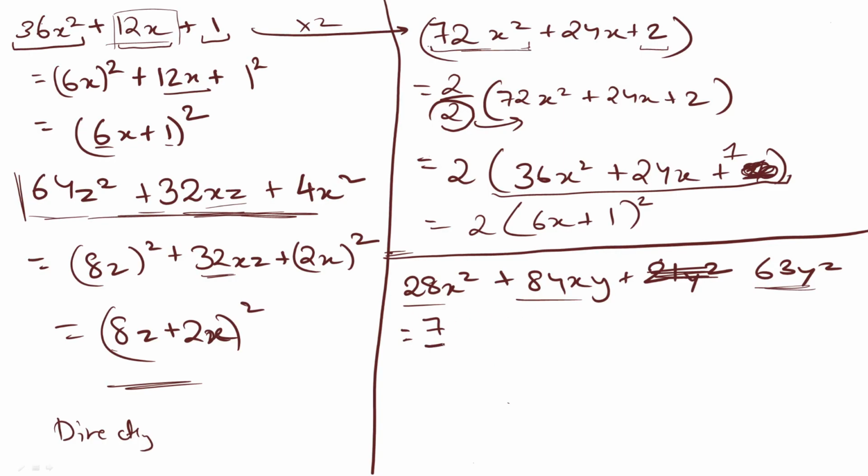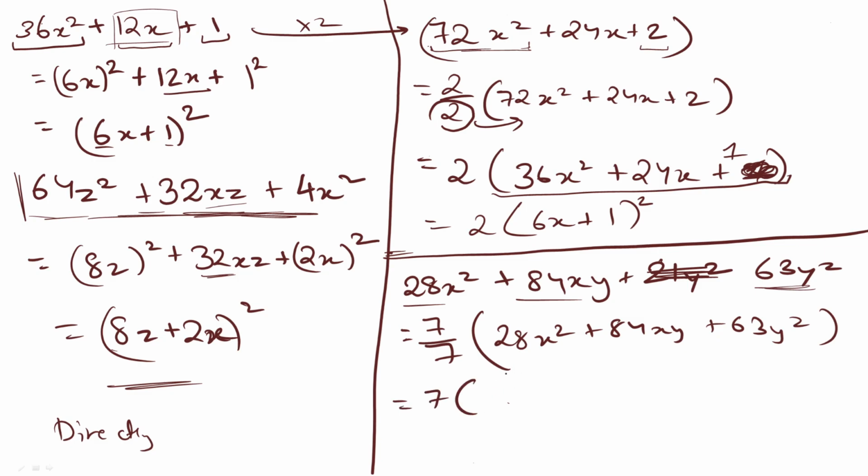So we take out 7, dividing each term, and we get 7 times (4x square plus 12xy plus 9y square), which is equal to 7 times (2x + 3y) whole square.